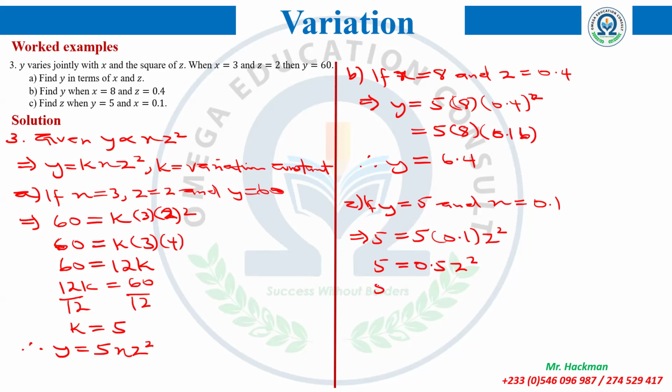So 5 over 0.5 is equal to z squared. So that will give us z squared is equal to 10.